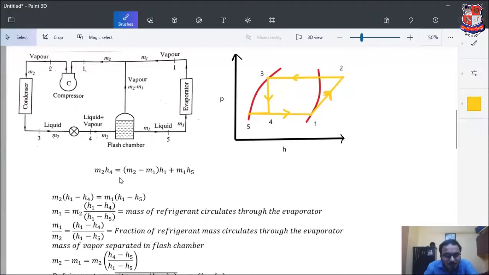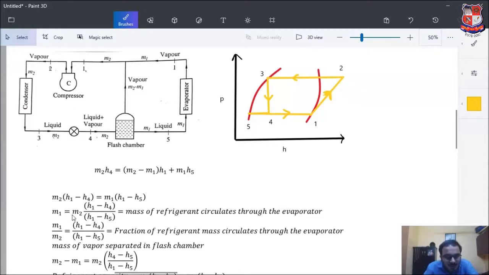I suggest you to do some of the mathematical calculations by yourself, okay, and I hope it is quite easy to understand and do it by yourself. Okay, so here M2 into H1 minus H4 is equal to M1 into H1 minus H5, which is already derived from this formula.